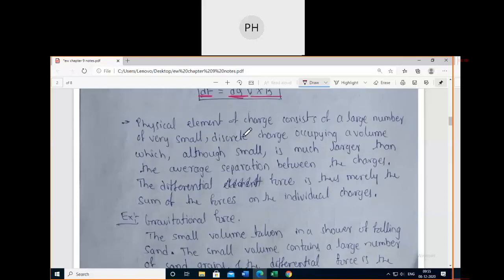The physical element of charge consists of a large number of very small discrete charges occupying a volume.